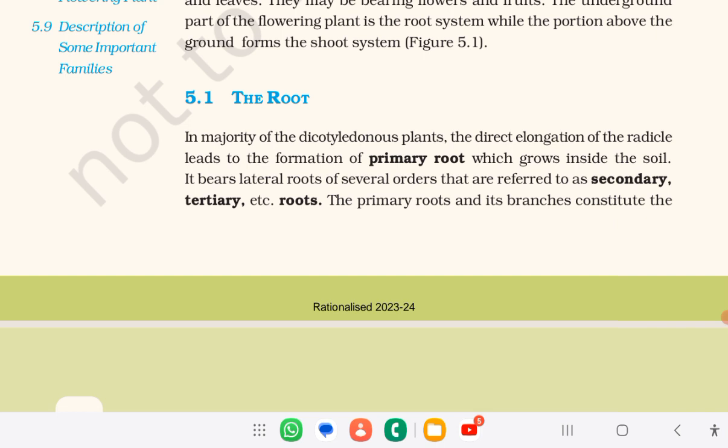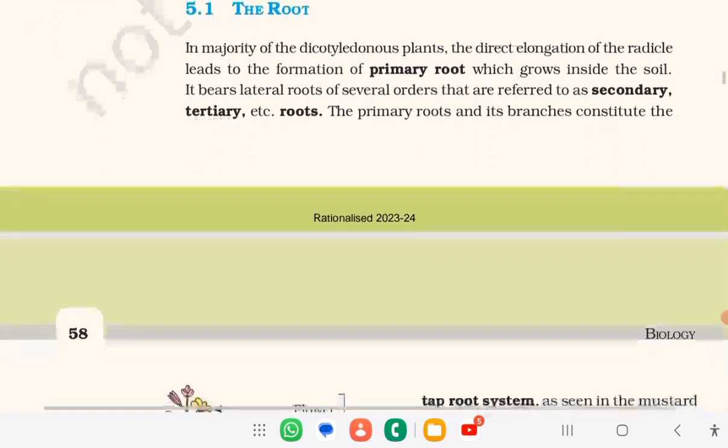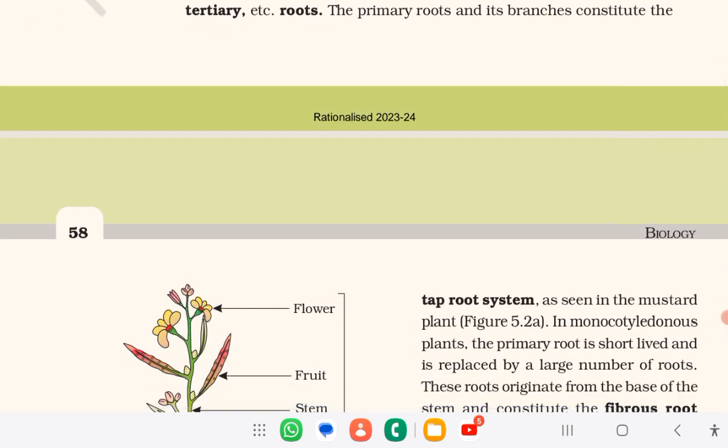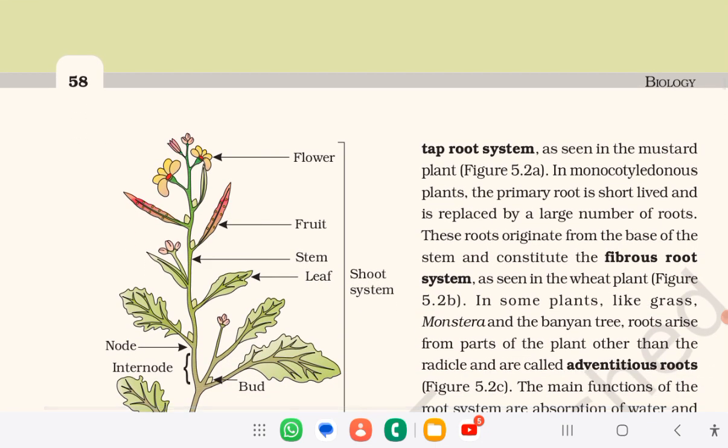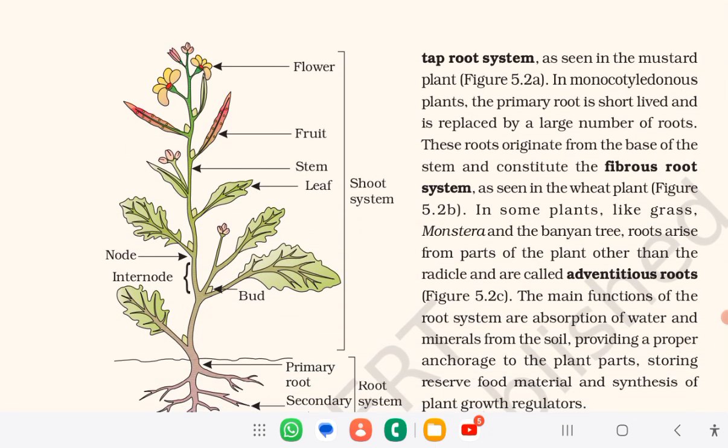It bears lateral roots of several orders that are referred to as secondary, tertiary roots, etc. The primary root and its branches constitute the taproot system, as seen in the mustard plant, figure 5.2.